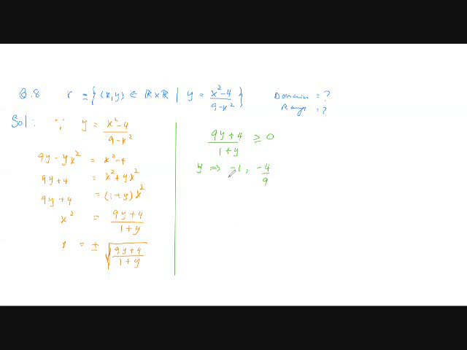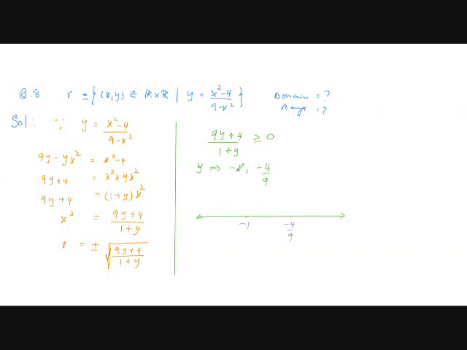Then we can do testing points, which is a easier way to do. Negative 4 over 9 is about negative 0.44, I think. Negative 1 here, and minus 4 over 9.